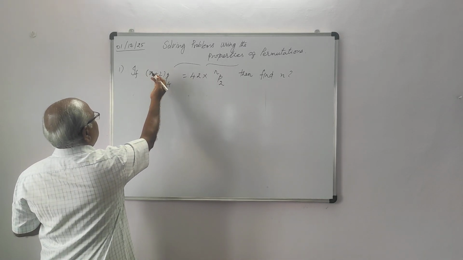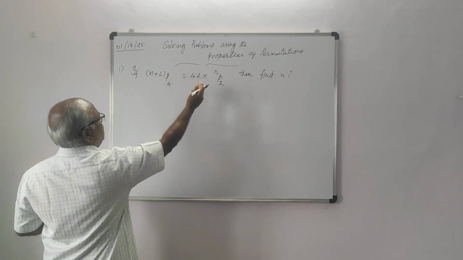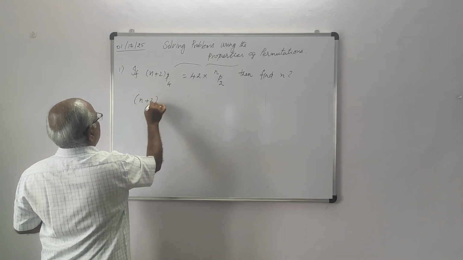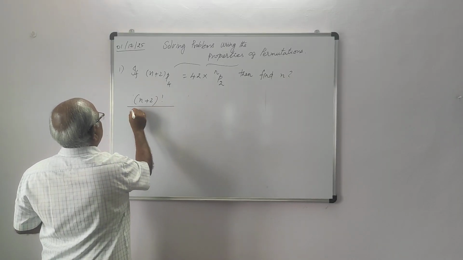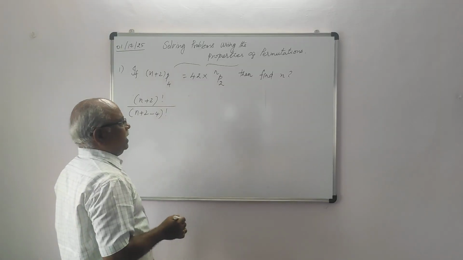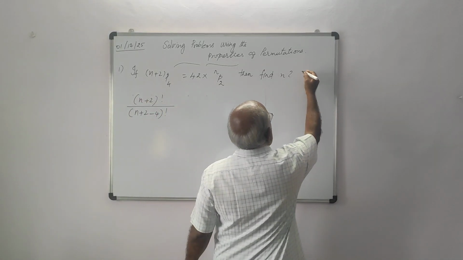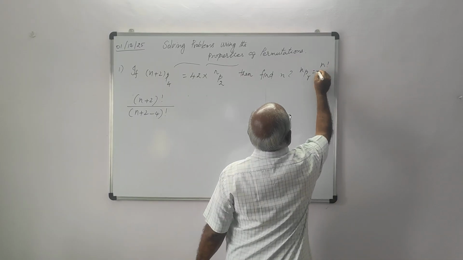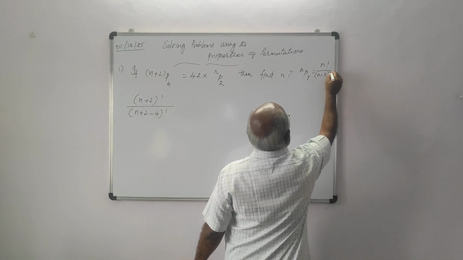See, n plus 2 P4, by using the nPr idea, is n plus 2 factorial by n plus 2 minus 4 factorial. This is our idea. You know the result of nPr: nPr equal to n factorial by n minus r factorial.